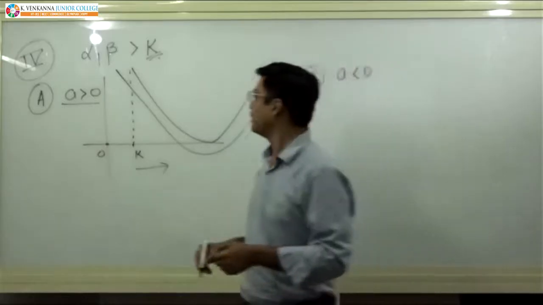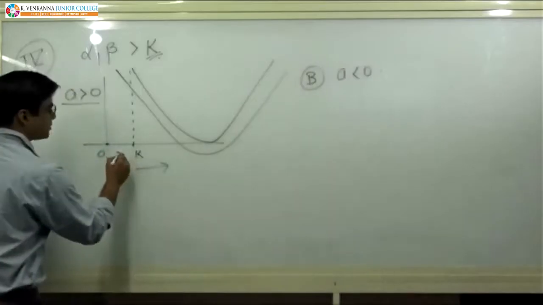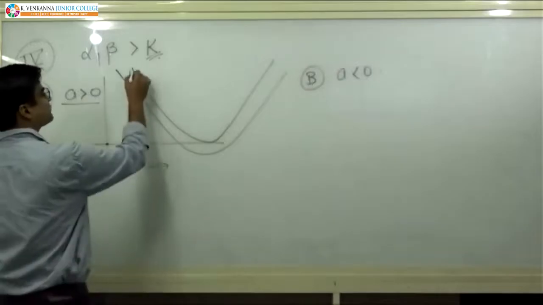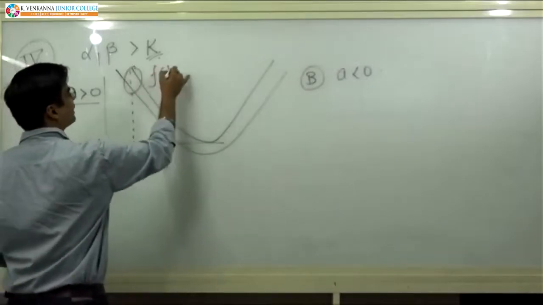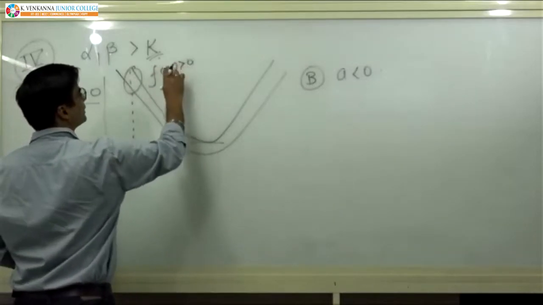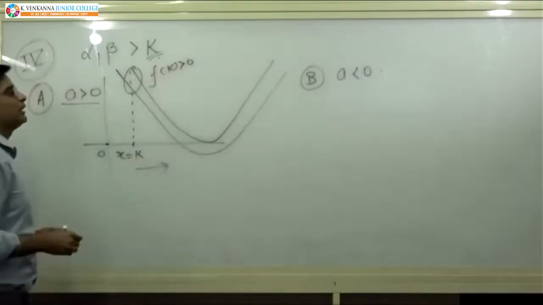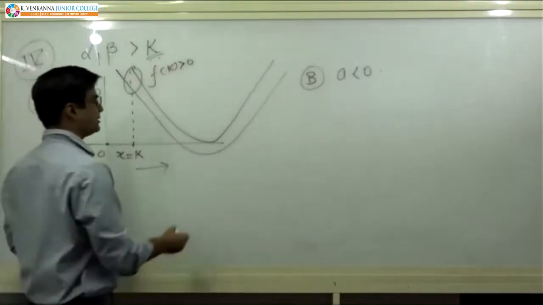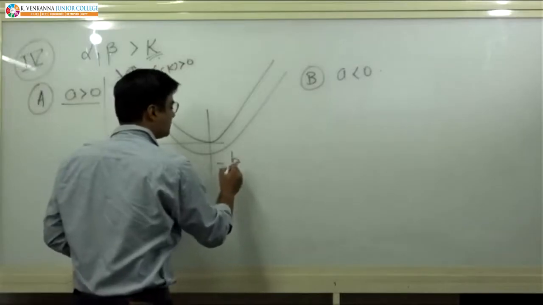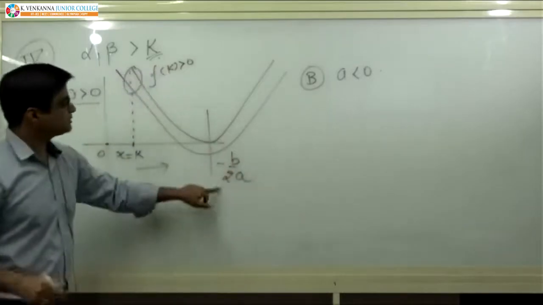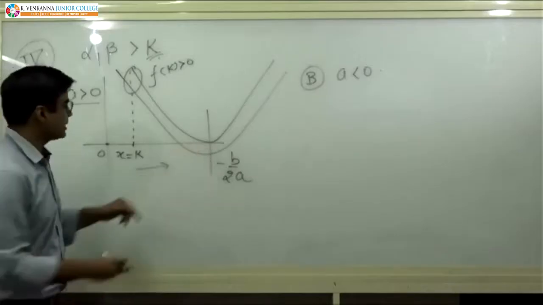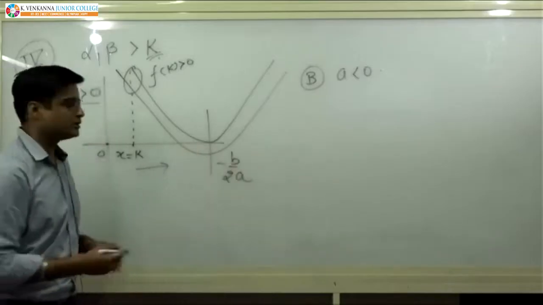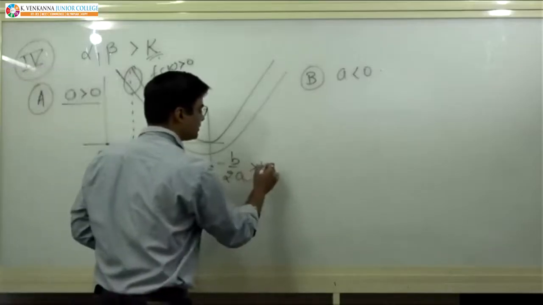Now again, this is your x equals to k, and at x equals to k, f of k is greater than 0. We can clearly see that f of k is greater than 0, and this turning point, minus b by 2a, is coming on the right hand side of k, so it must be greater than k.